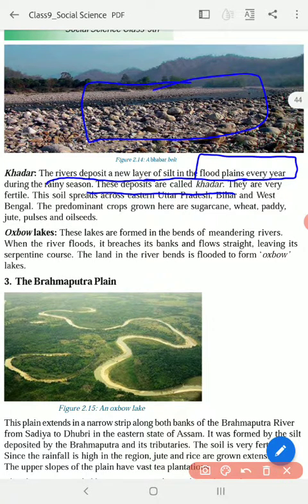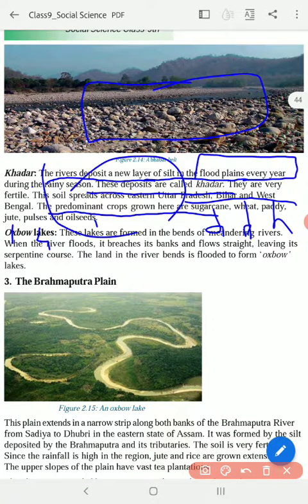Since we have so much rain here, we also have a good amount of agricultural activity. The prominent crops grown here are mostly sugarcane, wheat, paddy, jute, pulses and oil seeds.